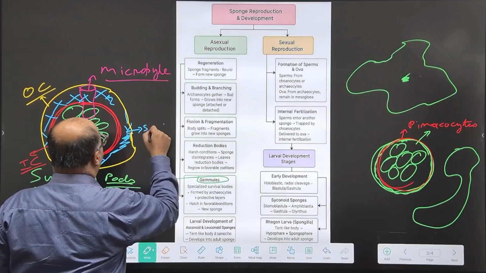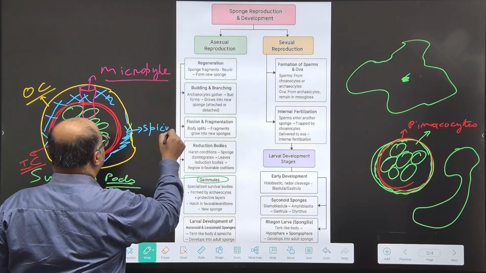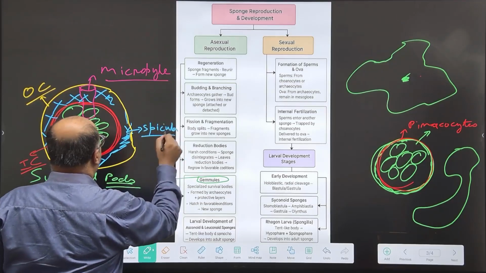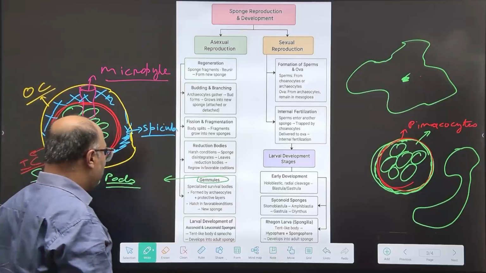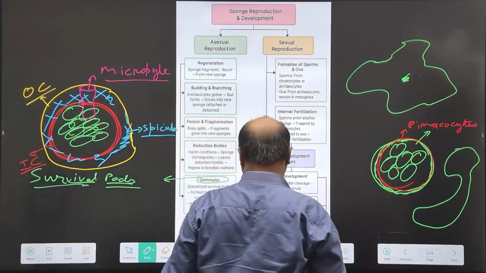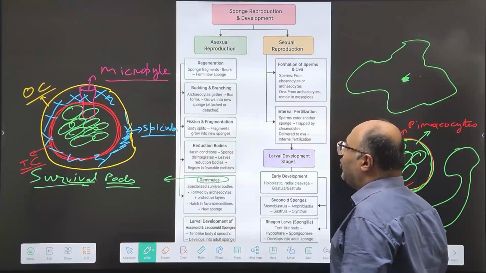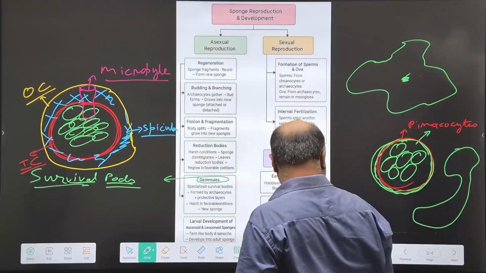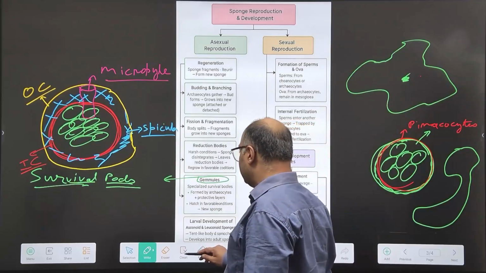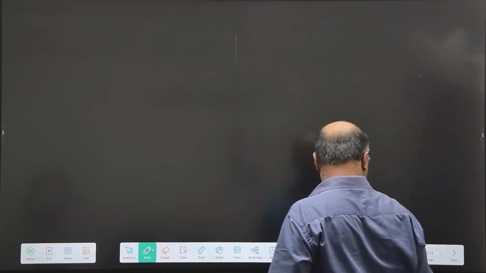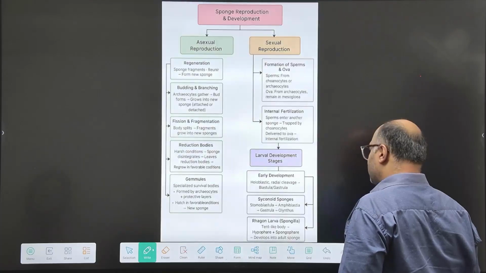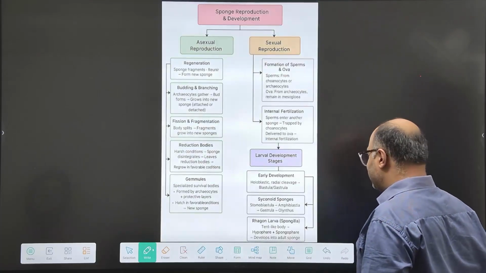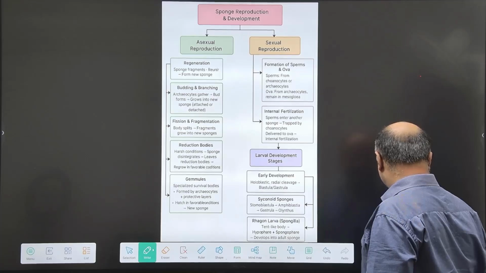And so these are spicules. So that is a gemmule, and it can survive. Okay. So more or less we are done with asexual reproduction in our so-called plants, sorry, not plants, sponges.